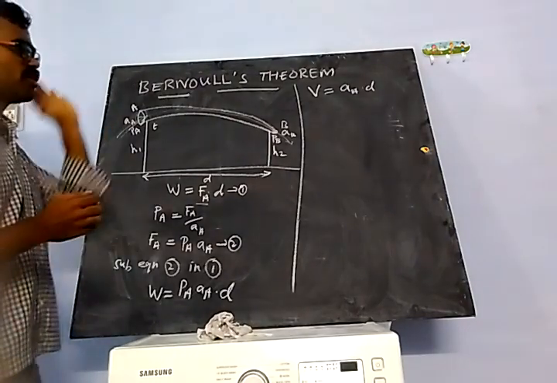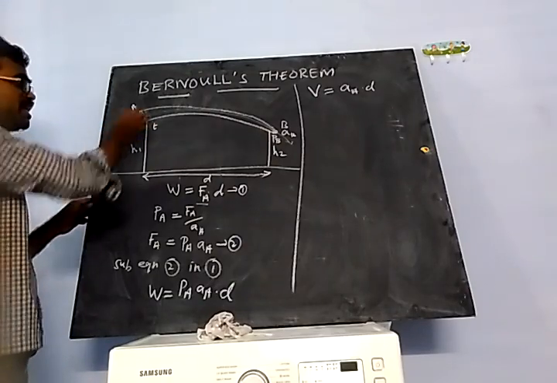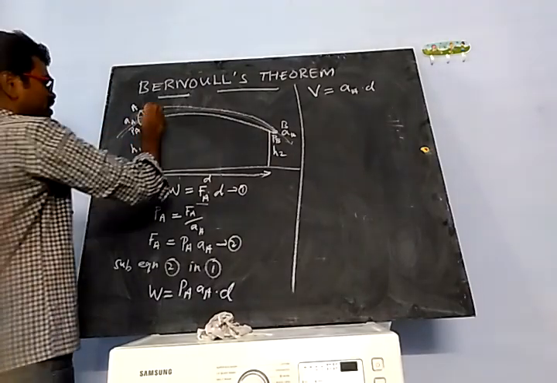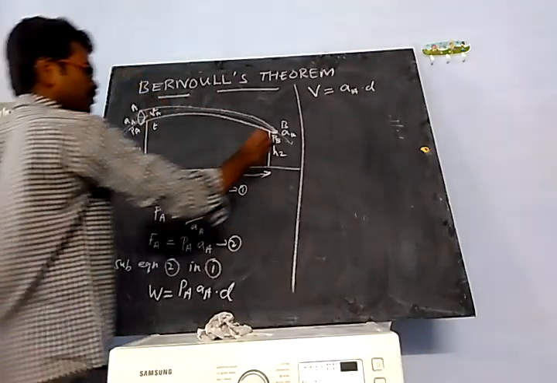Then, when the liquid is entering the tube, it has a velocity. That velocity is small v_A.